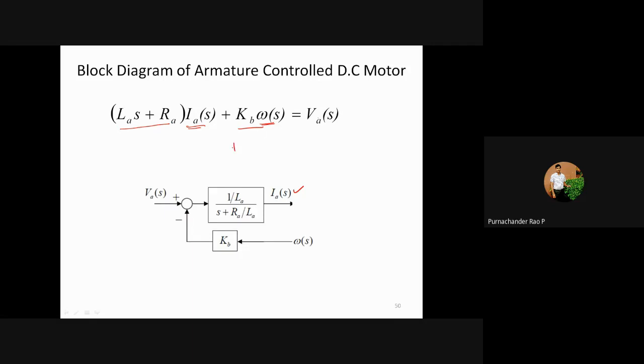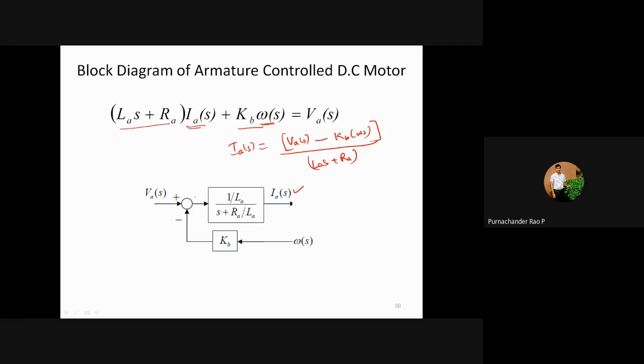So your output equation IA of S will be equal to VA of S minus KV into omega of S, which is your input signal, divided by LA into S plus RA. This is your output.